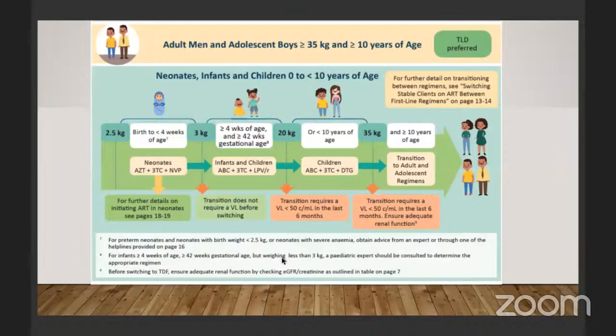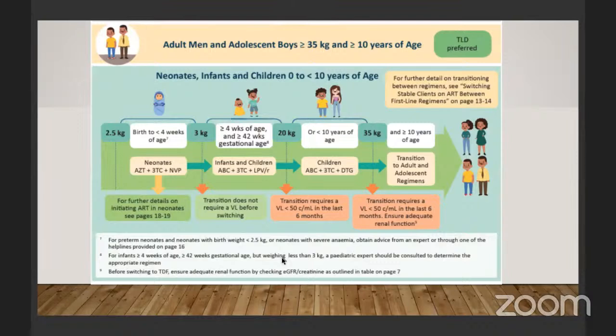So these are the regimens that are being used currently in pediatrics. So for neonates, we'd use AZT, 3TC, and NVP. And that's with children from birth to less than 4 weeks of age, between the weights of 2.5 kilograms and 3. And then greater than that, so now infants and children will use ABC, 3TC, and lopinavir, ritonavir.